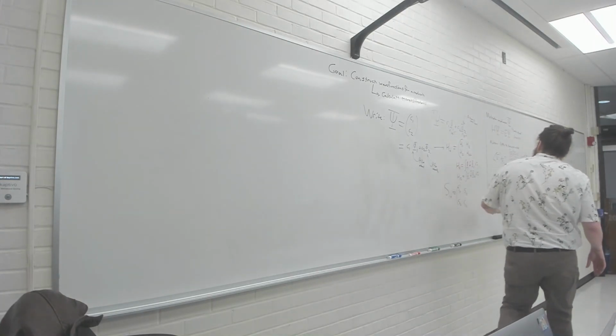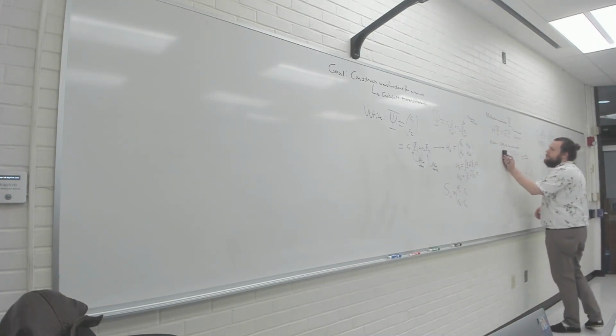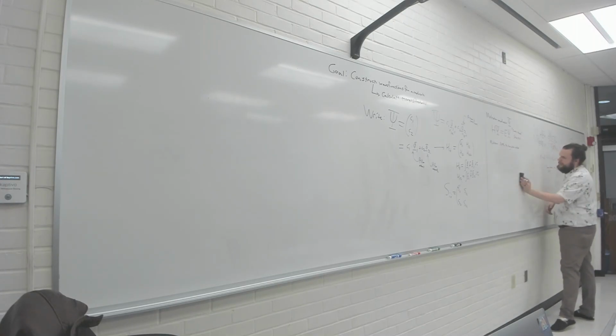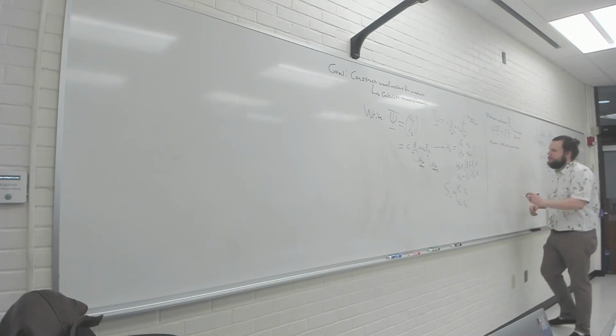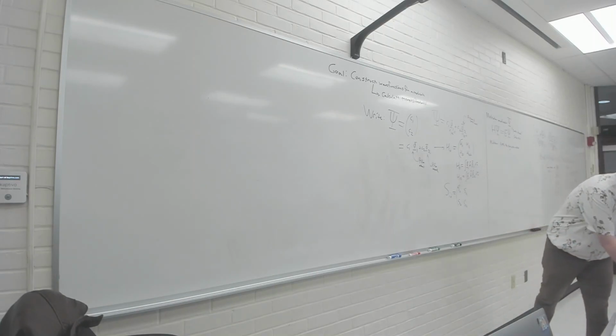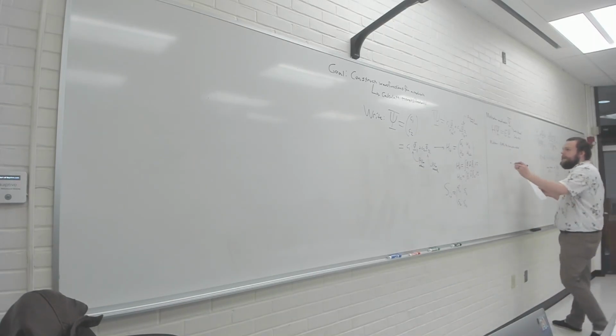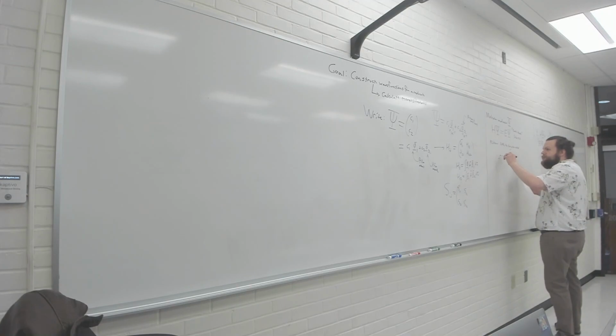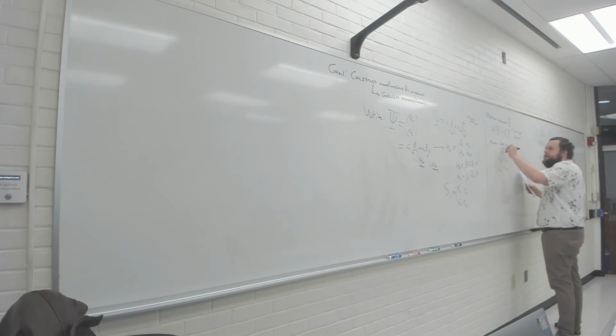So when I plug these matrices into the Schrodinger equation, what I have now is H11, H12, sorry, that's H21, H12, H22, and this is the Hamiltonian.